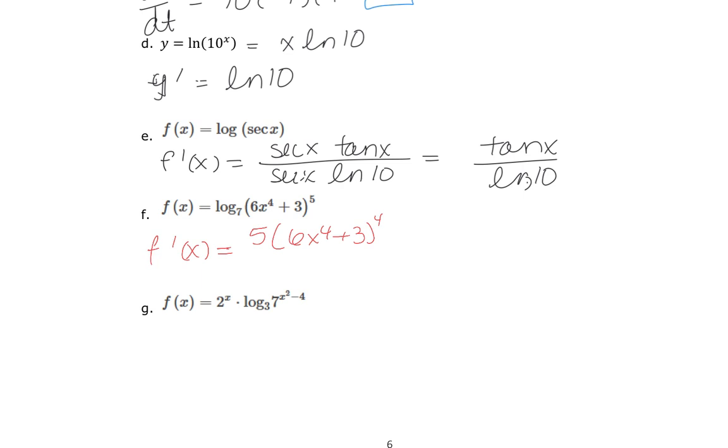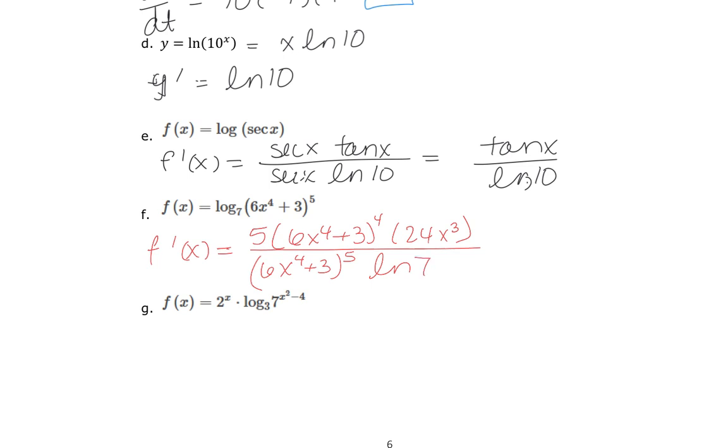And then I have to go inside further and do its derivative, so that'd be 24x to the 3rd. And then it's going to be divided by my 6x to the 4th plus 3 raised to the 5th power, because that is my u, and then it's going to be multiplied by the natural log of 7.